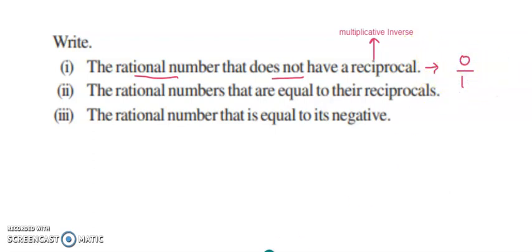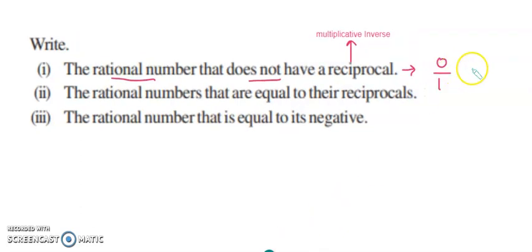Right? But for its multiplicative inverse, we have to flip the denominator to the numerator and the numerator to the denominator. It will become 1 over 0. I can never have a 0 in the denominator because the rule for a rational number is p by q, where q should not be 0. Here I am getting my denominator as 0. So it's not possible.